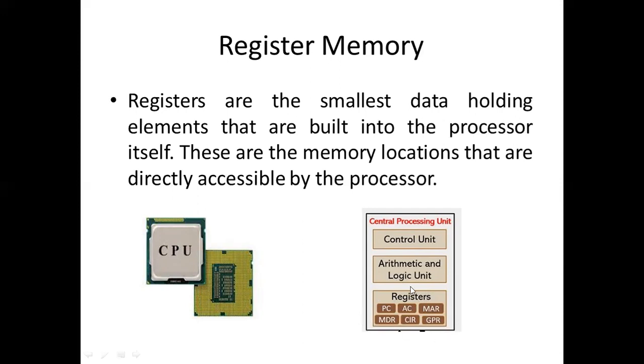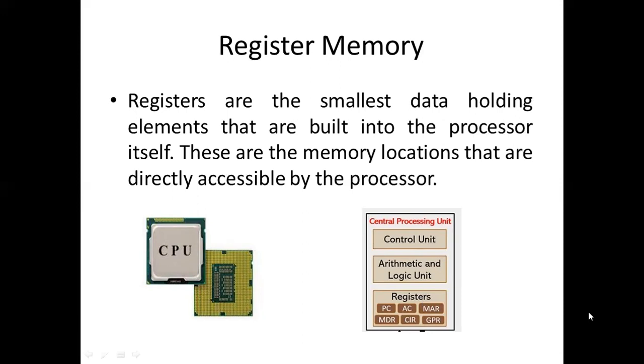This part of the CPU is memory. The registers include the program counter, the accumulator, and memory addresses. All of these keep information or instructions that the CPU is directly working on. So this is now the register.